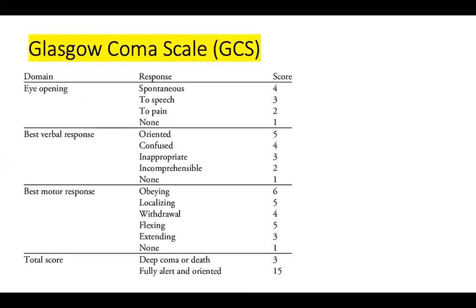So let's talk a little bit about the neurologic. So your book talks about it being the neurologic recheck. So I think it's just the neurologic. It's a very basic neurologic assessment, if you will.